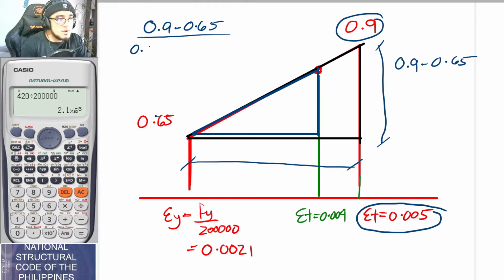So 0.005 minus 0.0021, that is for the denominator. You would now equate this to the ratio of the smaller triangle.